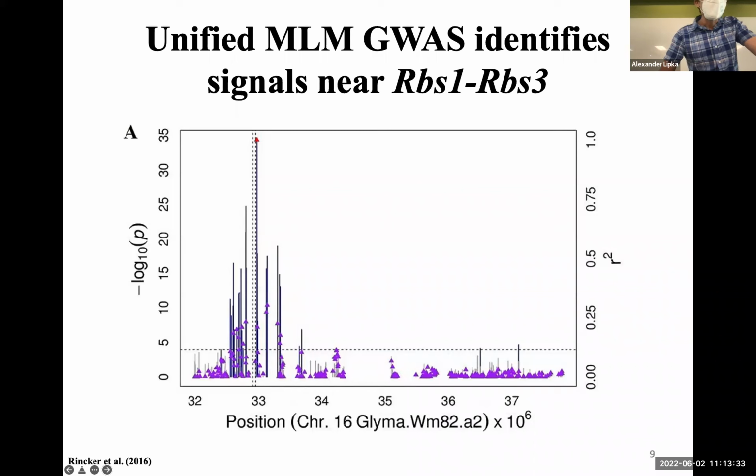And then this over here, my cursor is not working very well, but this is the peak association, okay? Now, all of these purple triangles are a measure of linkage disequilibrium of the neighboring SNPs relative to this SNP over here with the peak association.